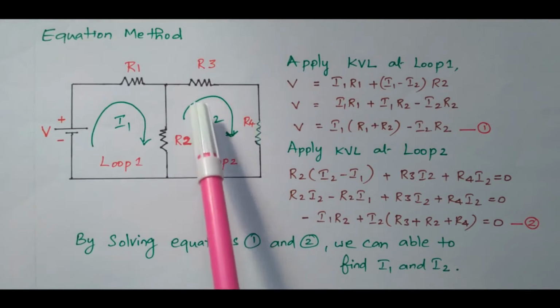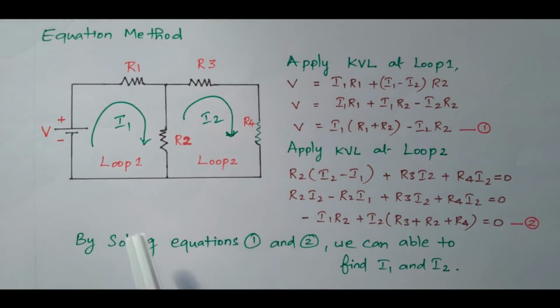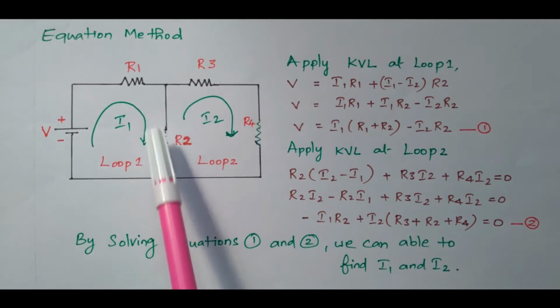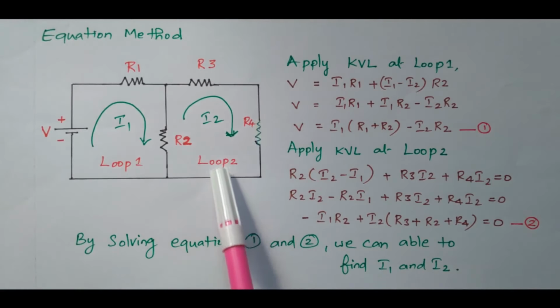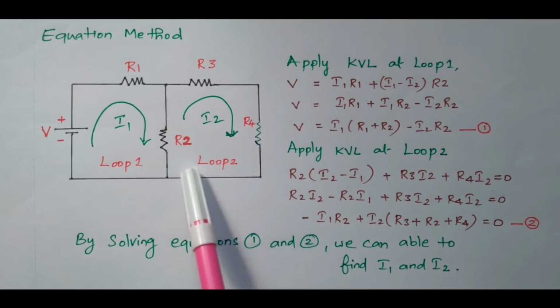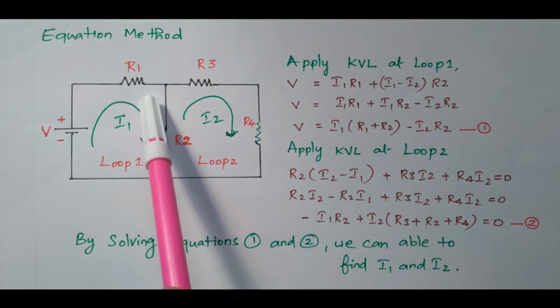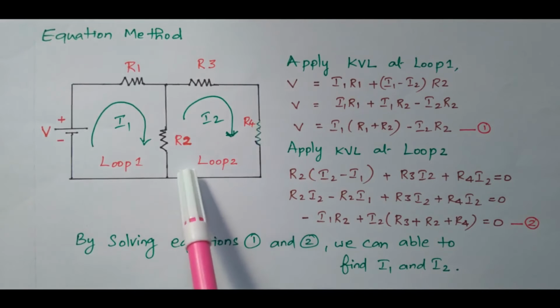Both I1 as well as I2 flow through the resistor R2 because it is connected between loop 1 and loop 2. See the current direction: I1 is flowing from top to bottom, and I2 is flowing from bottom to top.